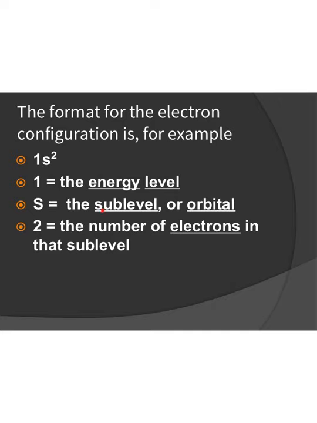The s stands for the sublevel or the orbital, and I usually tend to think of s, p, d, f as different types of houses. We'll start seeing what they look like in the next video. And then the 2 tells you how many occupants, or the number of electrons, are in that sublevel.